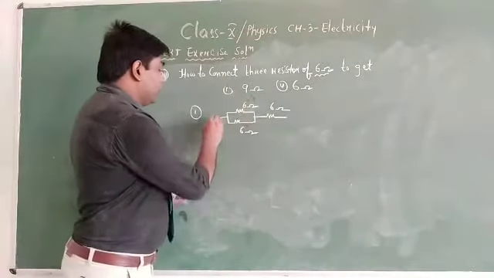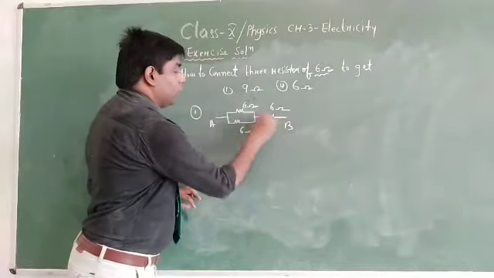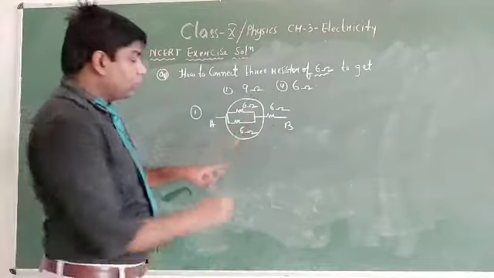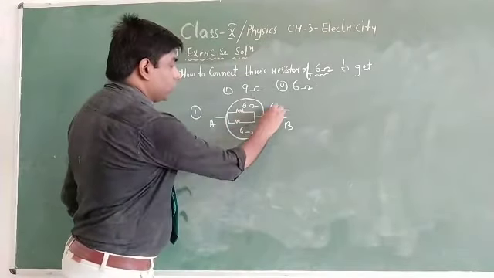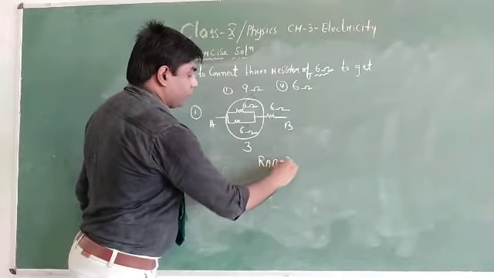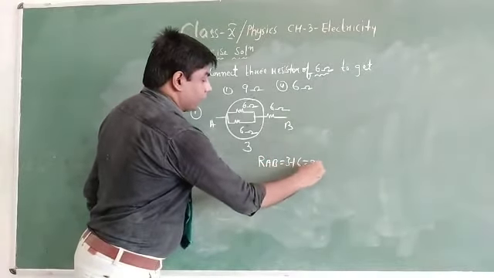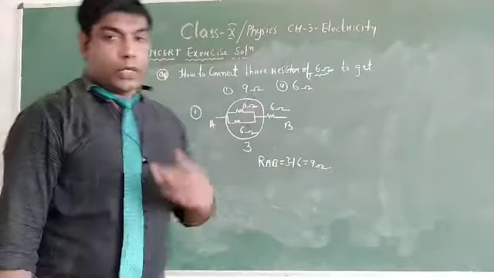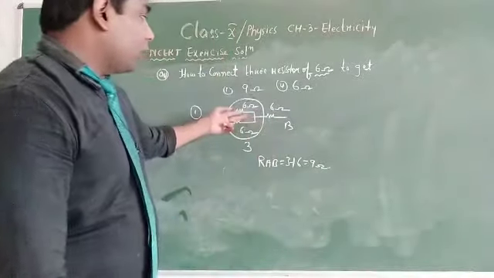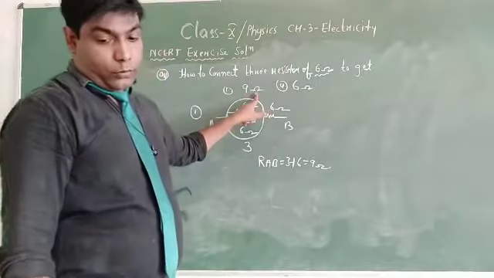See, between this and this will be how much? 6 and 6, they are equal, so it will be 3 and this is 6. That is, we have to connect two resistors in parallel and the third resistance in series with this parallel combination. We get how much? 9, right?